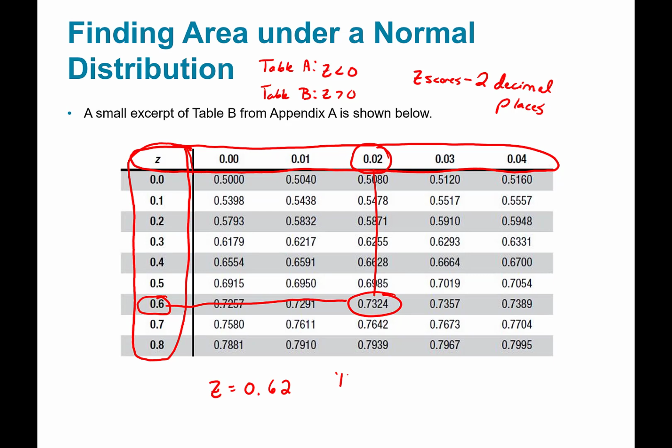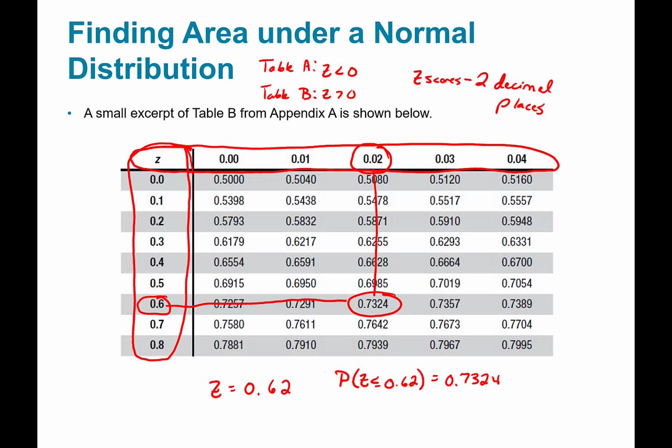Remember, area is probability, so the probability that z is less than or equal to 0.62 is equal to, in this case, 0.7324. And you should always keep all of the digits the table is giving you. These tables have already rounded everything for you to the fourth decimal place, so keep all of the digits the table gives you.